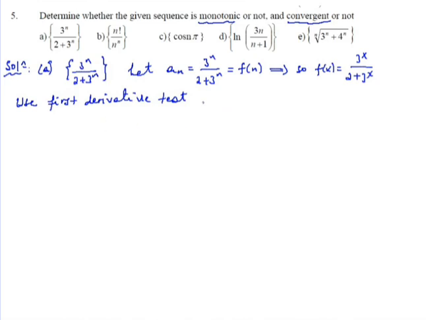First derivative test ስንጠቀም functionአችንን derivate እናደርጋለን. f derivative of x is equal to the derivative of 3 the power of x over 2 plus 3 the power of x.